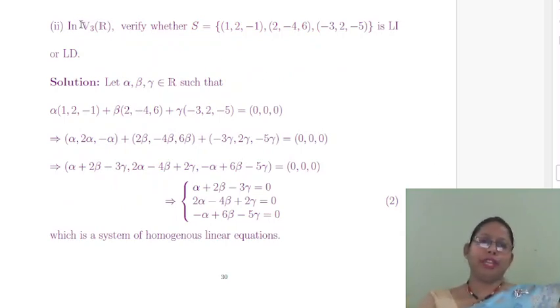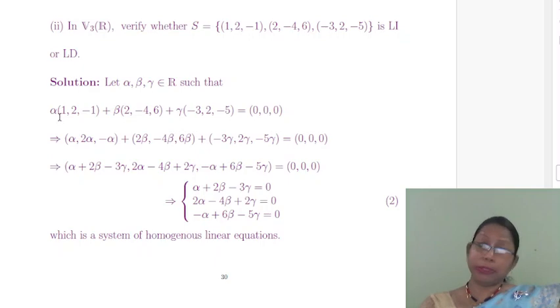Next, in V3(R), that is R3 over R, verify whether the set given by these elements is linearly independent or dependent. First, you consider three scalars alpha, beta, gamma such that the linear combination of the scalars with the vectors of S is equal to 0. That is, alpha with the first vector added with beta with the second vector plus gamma with the third vector is 0.